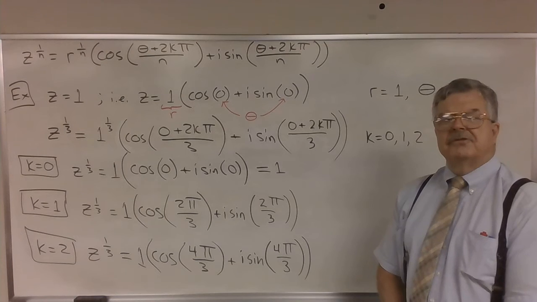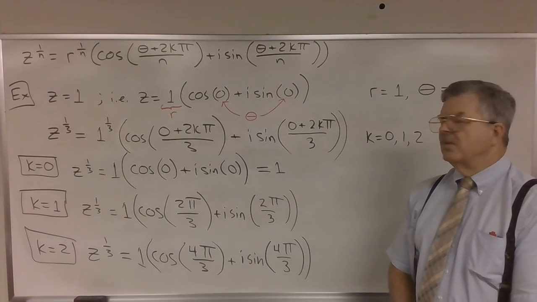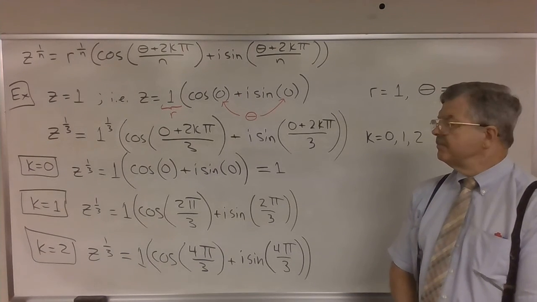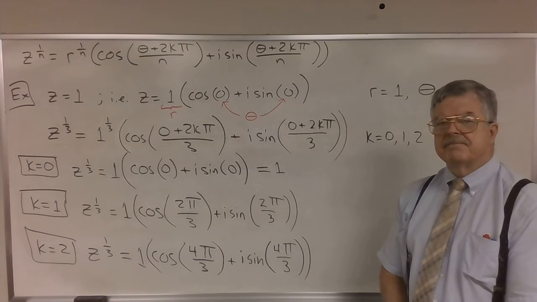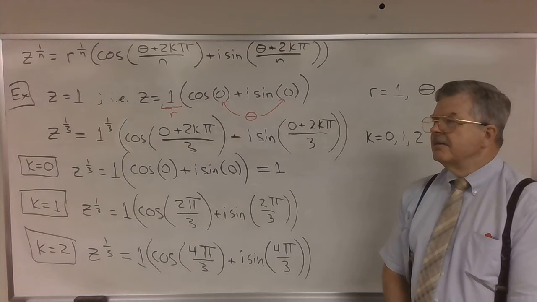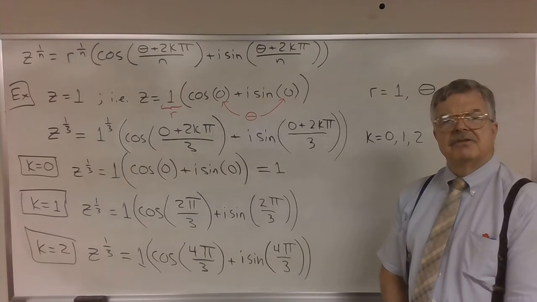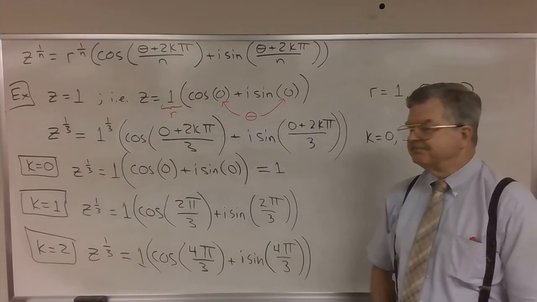So we did the square roots of 1, both square roots of 1. We did the cube roots of 1. Maybe we should look at these things as they appear in the xy plane.